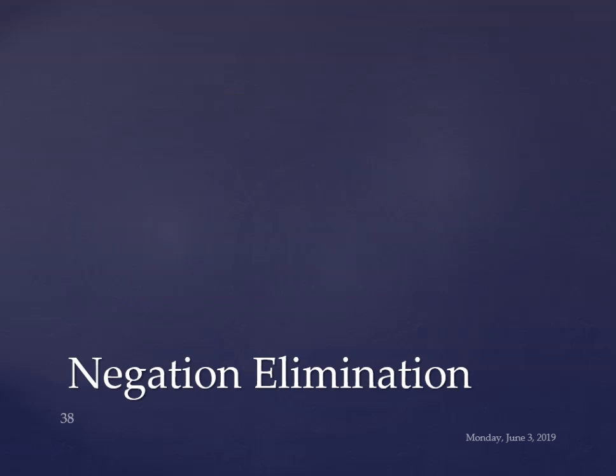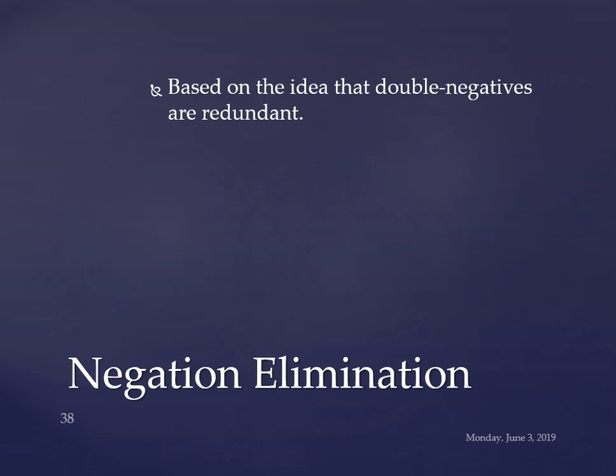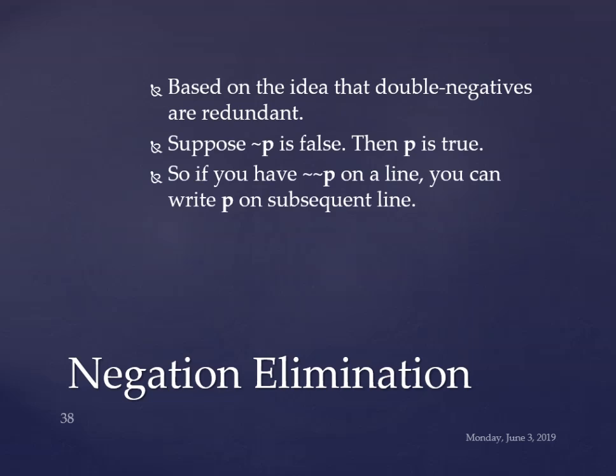Let's talk about negation elimination. This is based on the idea that double negatives are redundant. Suppose that not not P is false. Well, then P is true. So if you have not not P on a line, then you can write P on a subsequent line.